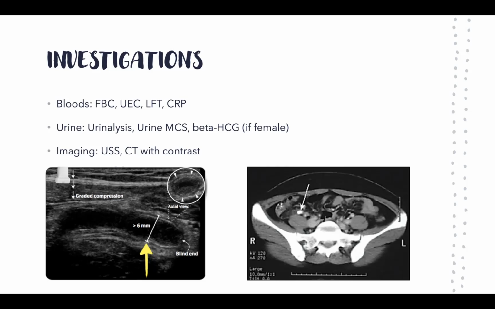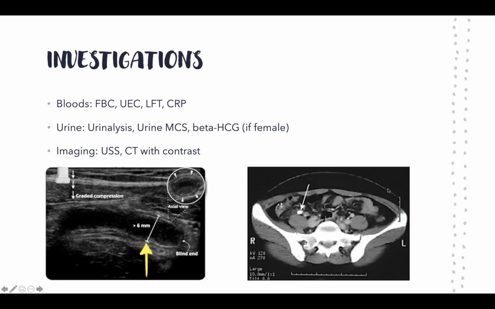In females, we also tend to favor ultrasound because we want to rule out a lot of the gynecological causes that could also be a differential diagnosis causing this. So things like an ectopic pregnancy are really important to rule out.